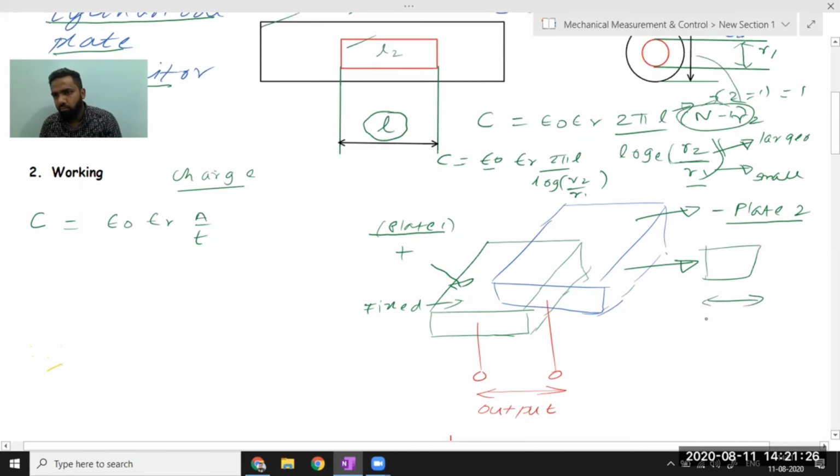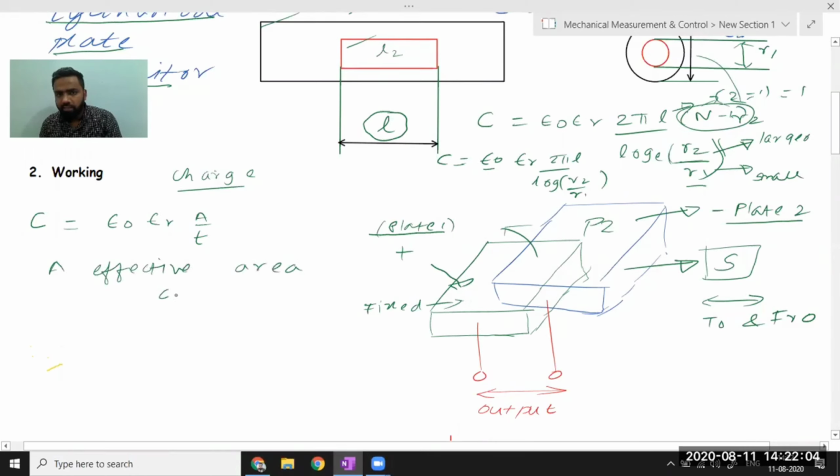When the system moves to and fro, the plate I have shown in blue color, which I can name P2, will automatically move to and fro. So when this plate moves due to the system attached to it, the effective area will change. I hope you're getting it.